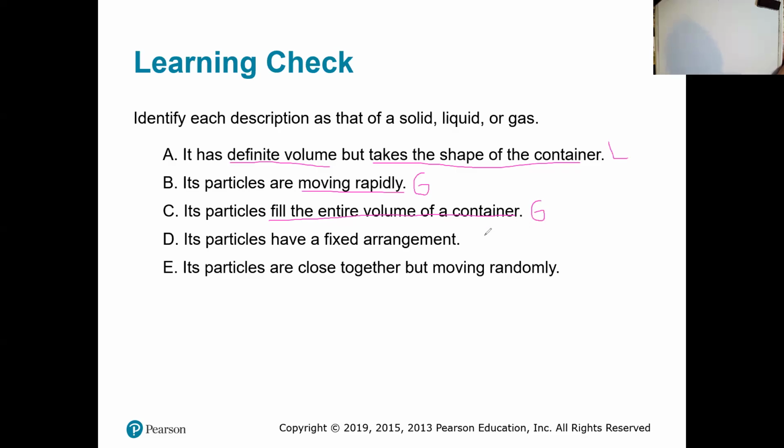Only gases' volume can change. Its particles have a fixed arrangement. A fixed arrangement means that they cannot move, and that is a characteristic of solids. Its particles are close together, but they move randomly. And that's going to be a characteristic of liquids.